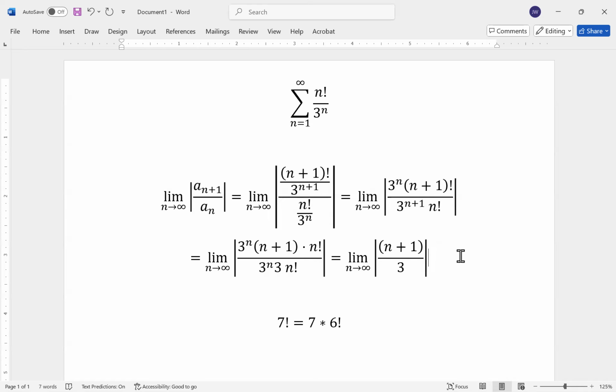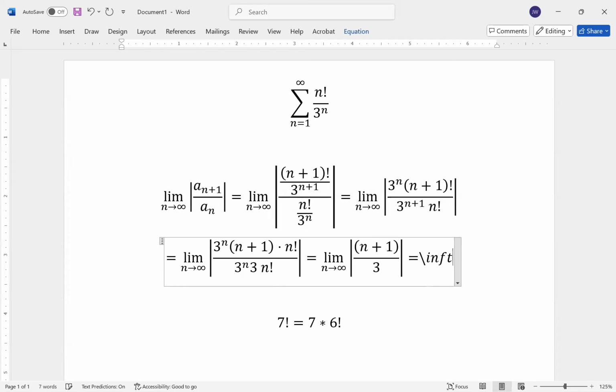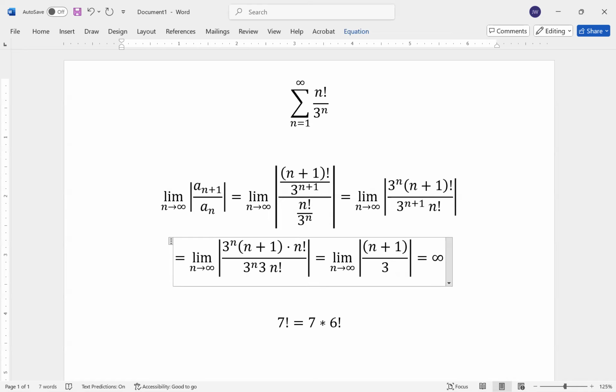So doing the algebra shows me that this limit is actually infinity, because n plus 1 is going to grow and 3 is just going to stay still. Now, obviously, that's bigger than 1.